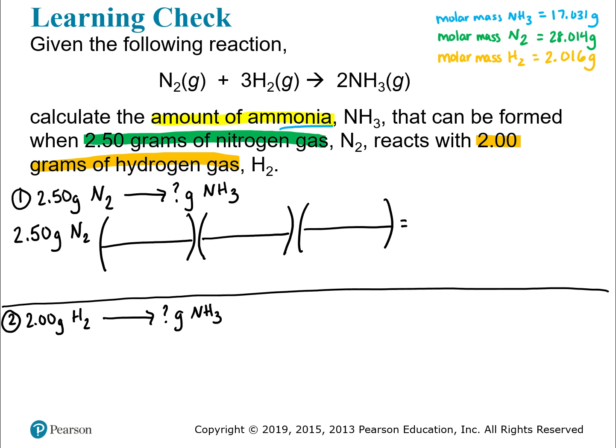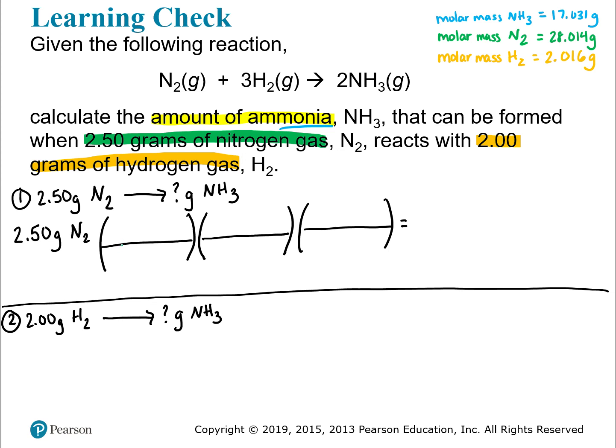So the first question that we'll answer is, if we start with 2.50 grams of nitrogen gas, how much ammonia gas will we make? Step 1 is to convert those grams of nitrogen gas to moles. We always use the molar mass.